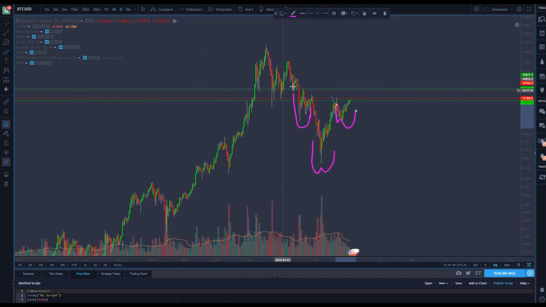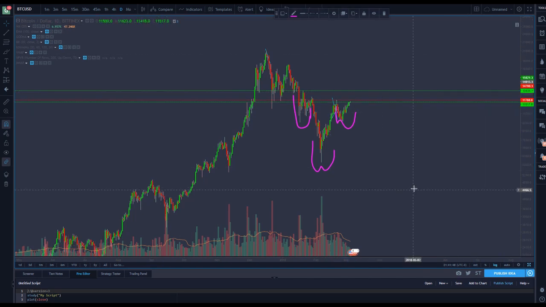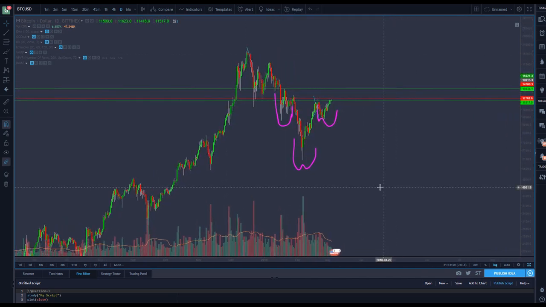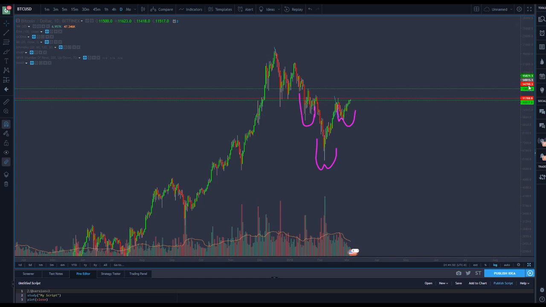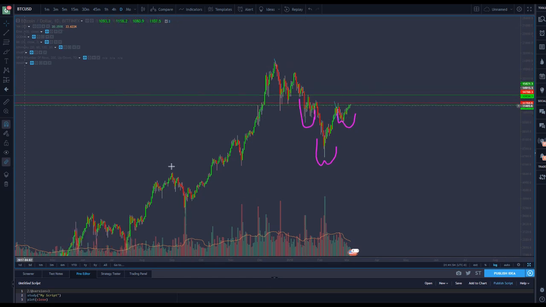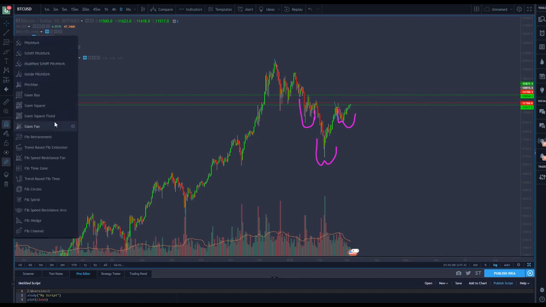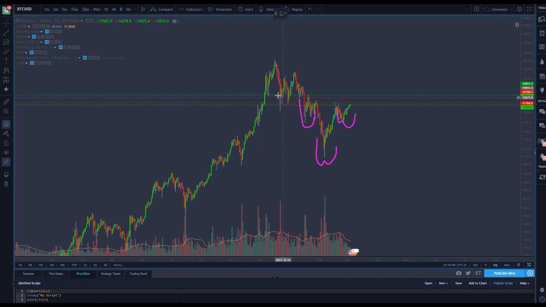So how I like to try and predict these upward price movements, especially after a huge pullback, I like to use the Fibonacci retracement, and it just helps give you potential support and resistance lines. So to find the Fibonacci retracement tool, it's right here, and you click it and you go down to Fib retracement and you just click it. And how you use it is you go from an extreme high to an extreme low.